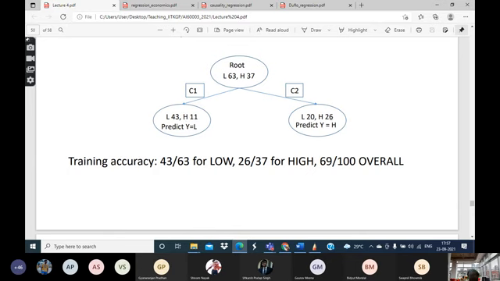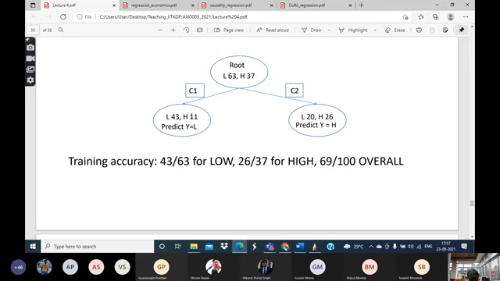Everything under company C2, I am saying will get high ratings. So how many are actually correctly classified? 43 of these have low ratings and I am predicting low ratings also. 26 of them have high ratings and I am predicting high ratings also. So these 43 and these 26, total 69, are correctly classified. Their actual ratings are equal to their predicted ratings.